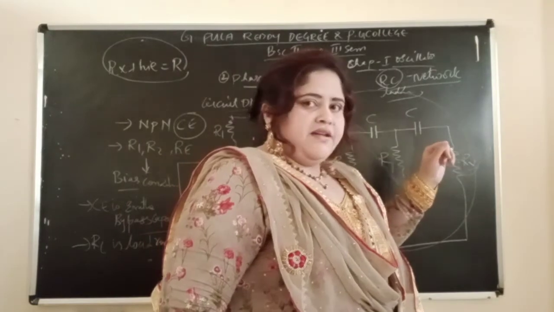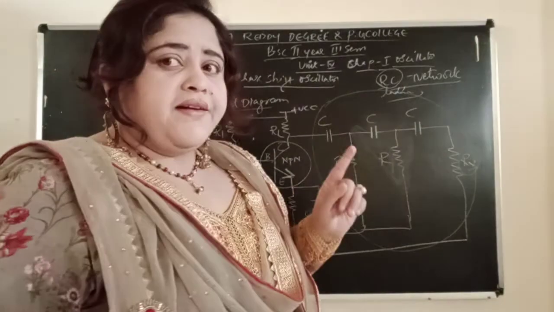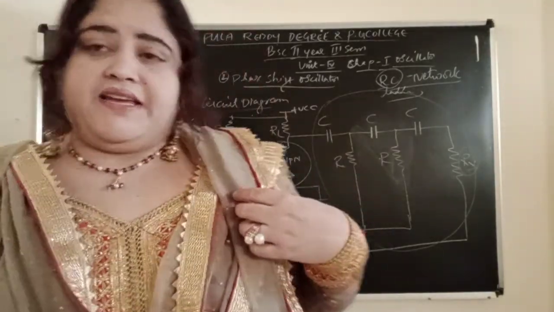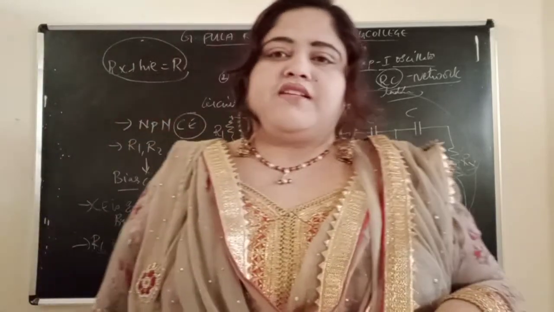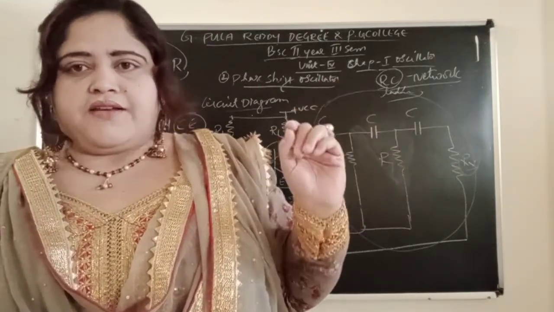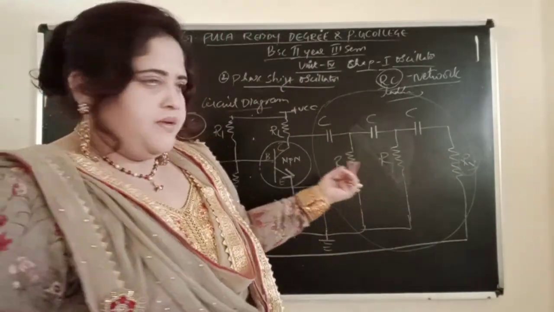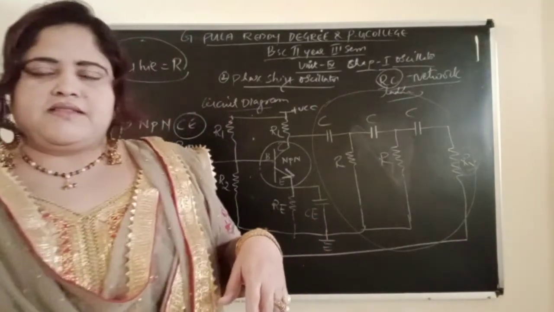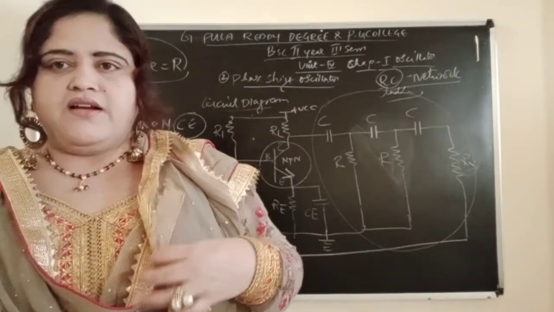The final resistance Rx is added with the internal resistance hie of the transistor to give the total resistance R. Rx is the feedback resistance going and adding to the internal resistance hie.